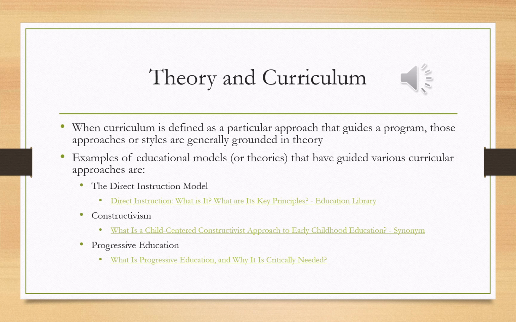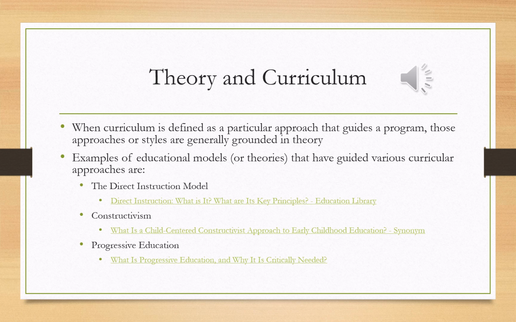So again, if you are making play-based curriculum choices, you probably have a particular theoretical orientation, like I said, more than likely constructivist or progressive education, whereas if you are more comfortable with a traditional elementary school model where the teacher stands up front and delivers instruction to children, you're probably more behavioral or a direct instruction person.